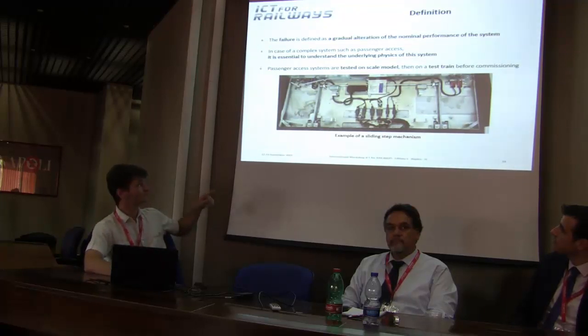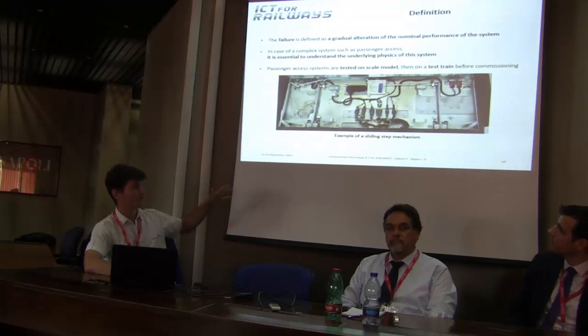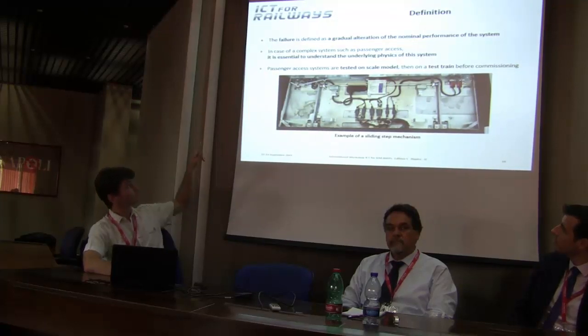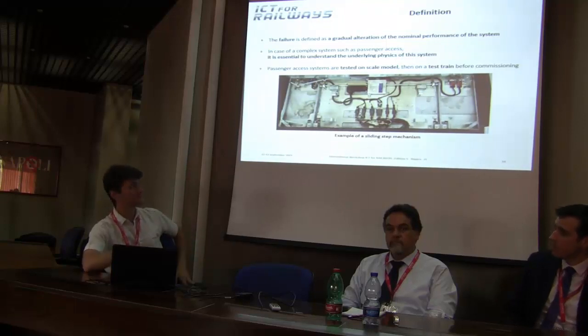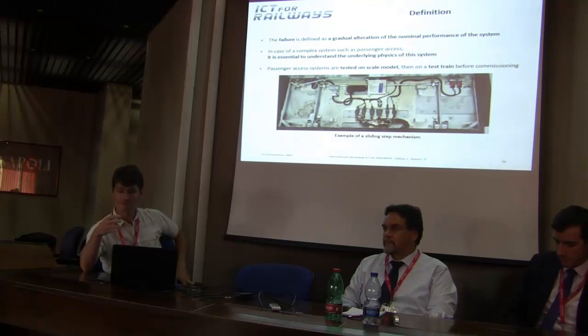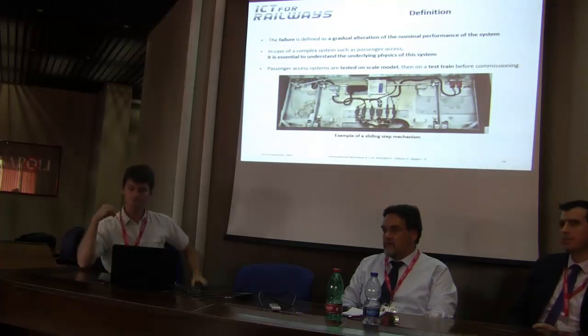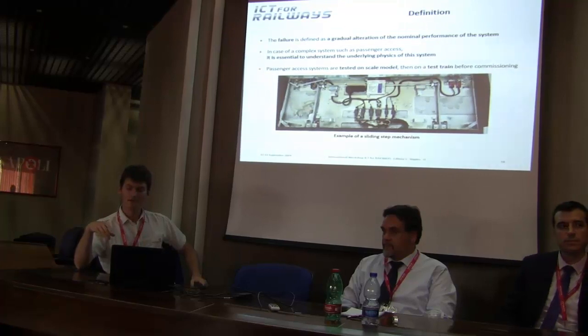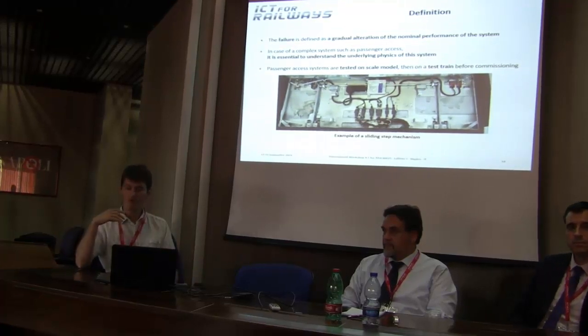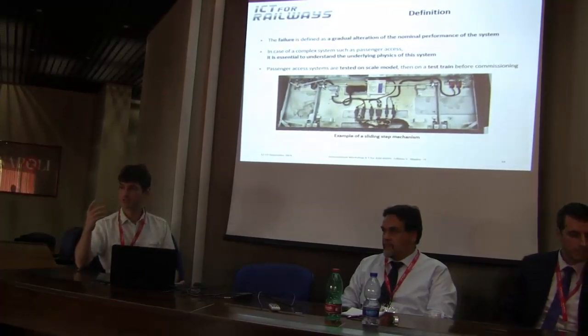But first, just before the commissioning, we test passenger access on a scale model or on test trains. This step is essential to perform experiments, to test reliability, to test the data integration, and to get a precise map of the performance degradation of the system.